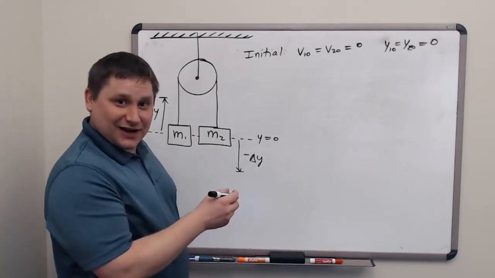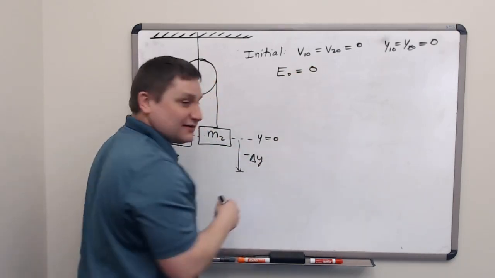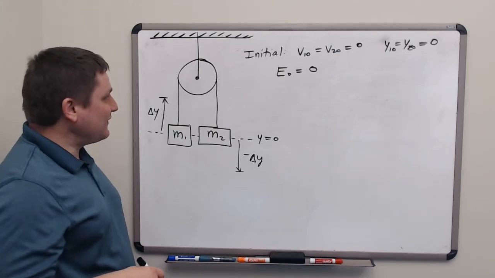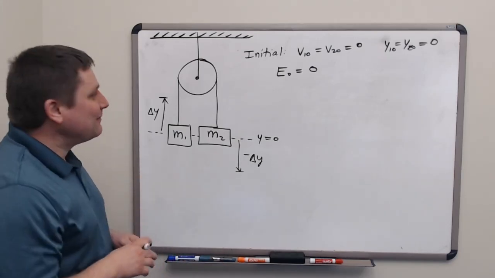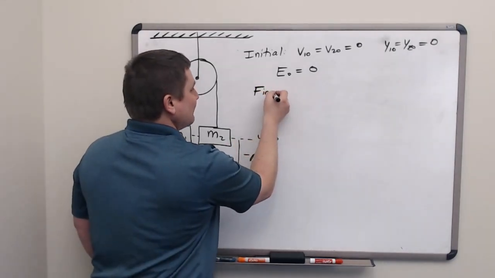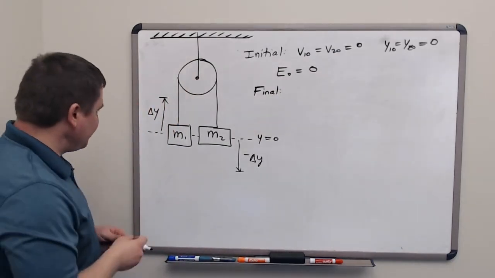So this is kind of a fun example because the initial energy is 0. Well, we might think, oh, if it's got no energy, then it can't do anything at all. But let's see what happens. Okay, think about the final situation.